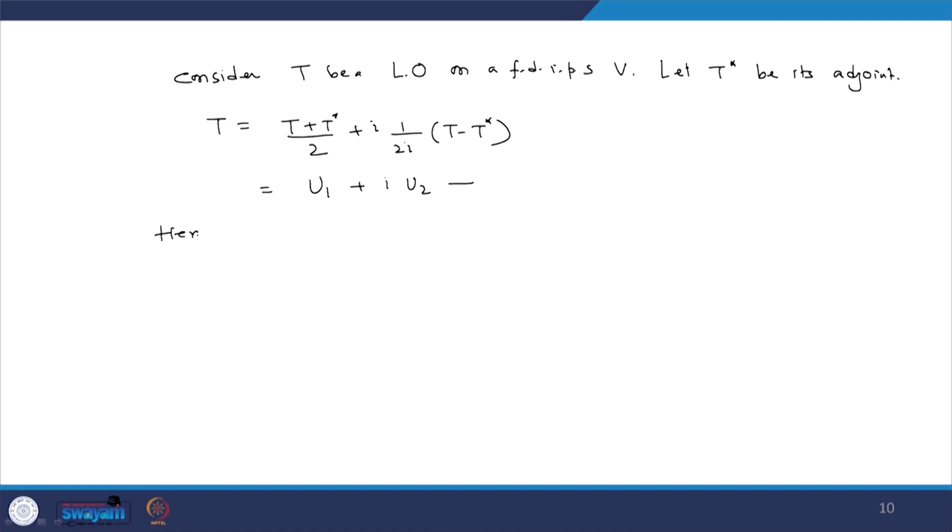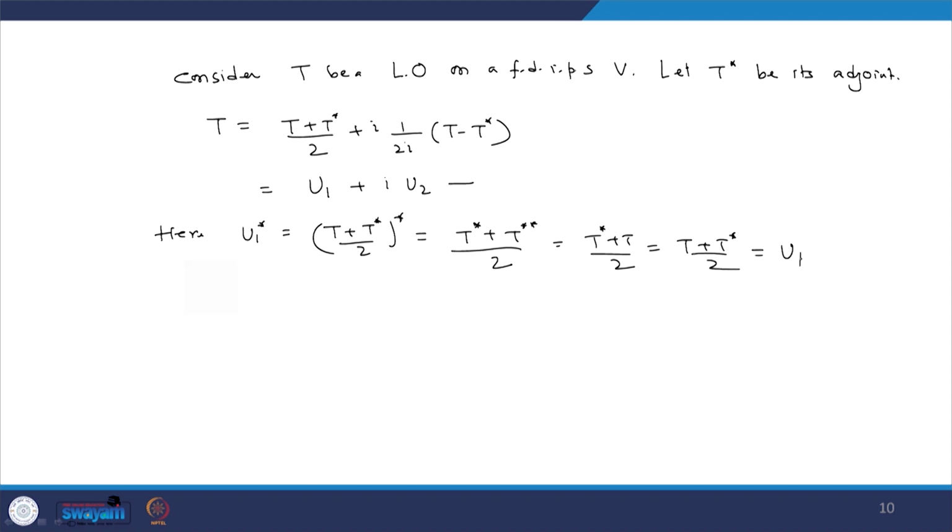Here, what about the adjoint of U1 or the adjoint of U2? Here U1 star equals ((T plus T star) by 2) star. This will be equal to (T star plus T star star) by 2, which is equal to (T star plus T) by 2, and this is also equal to (T plus T star) by 2.